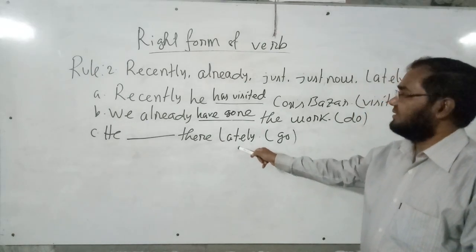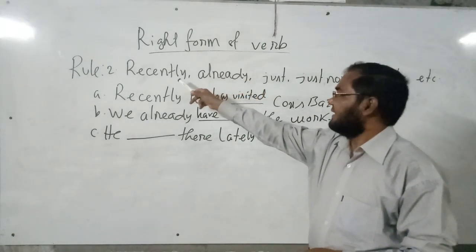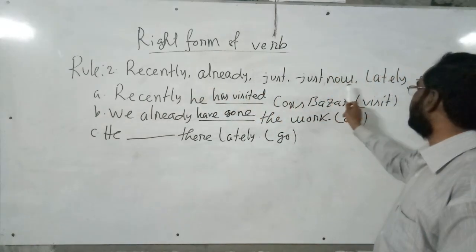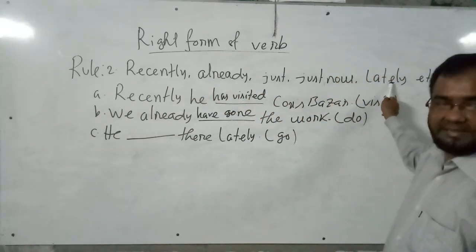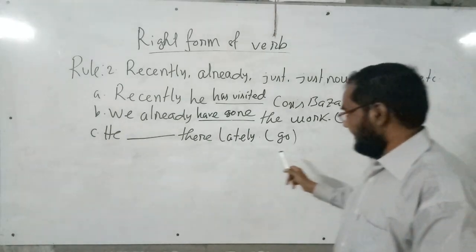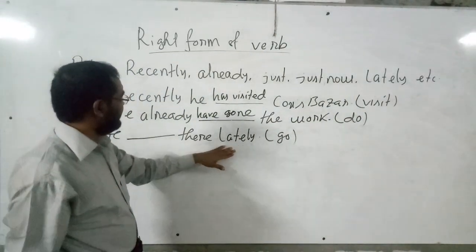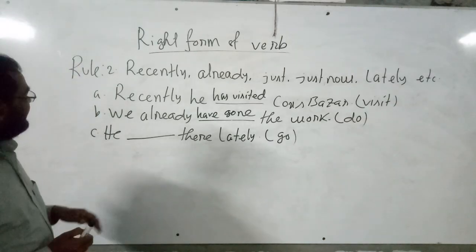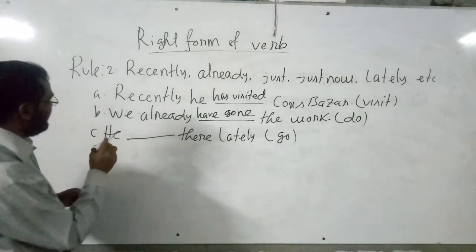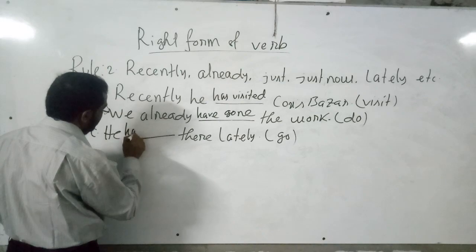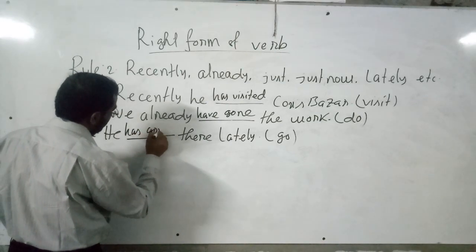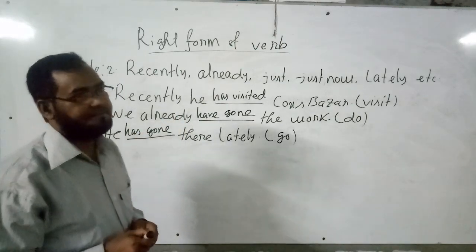"Lately" is a word which is used in the rules: recently, already, just now, lately. As we can see, the word "lately" is used, so we have to use the verb in present perfect tense. That means "he has gone there lately."